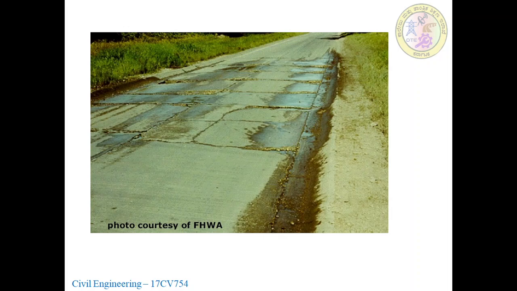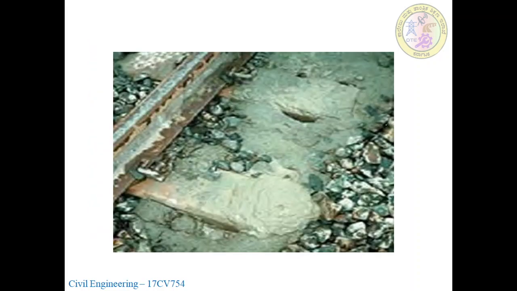There will be a joint here, and the slurry and water come out from the roadway. Here, from the track, the slurry comes out, and this is called mud pumping.